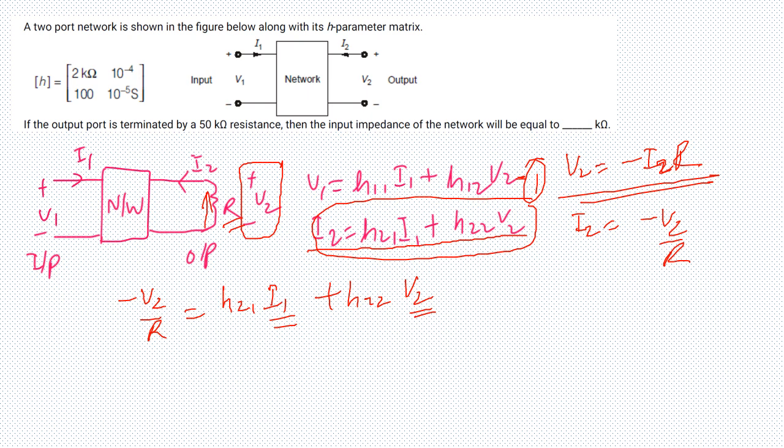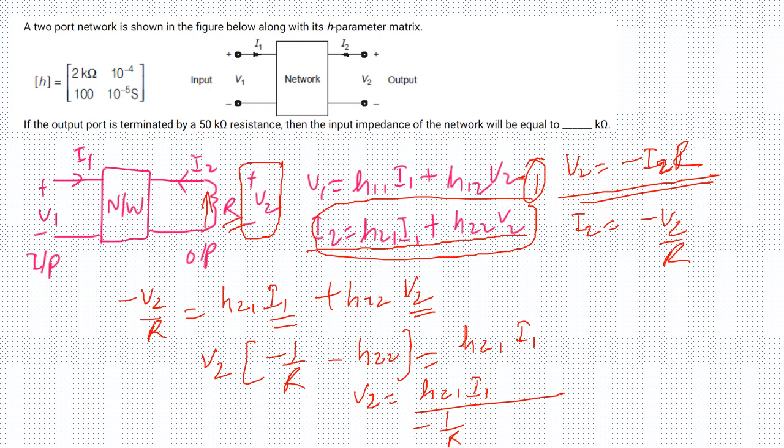So I'll take the V2 terms to one side. V2 into minus 1 by R minus H22 is equal to H21 into I1. From here, V2 is equal to H21 I1 over minus 1 by R minus H22. Now V2 is calculated in terms of the parameters and output resistance.